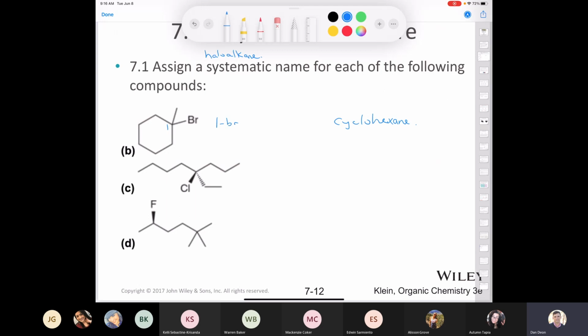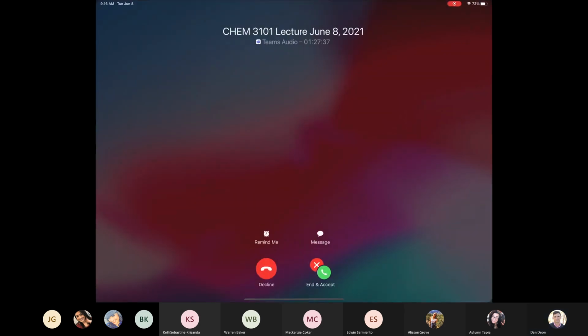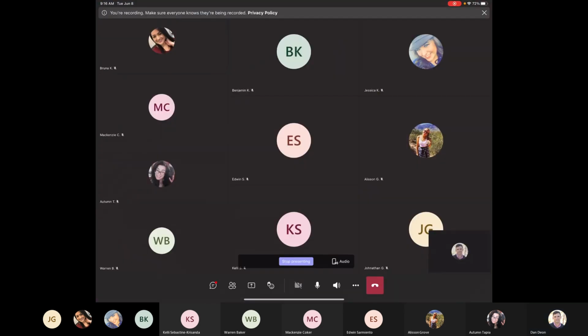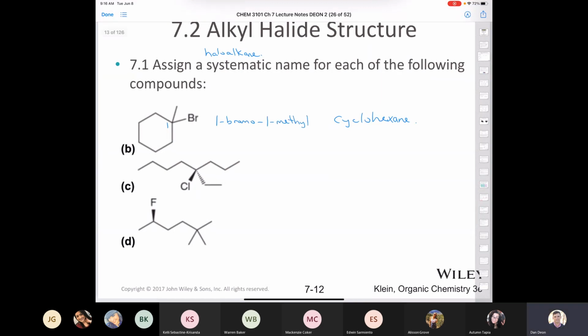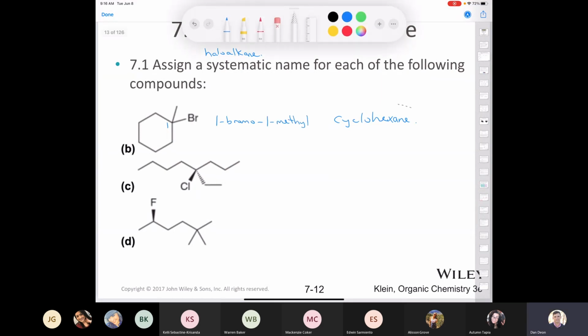So we have 1 bromo, 1, sorry, you guys still see my screen? Yep. 1 bromo, 1 methyl cyclohexane. I'll have to bring that over here. There we go. 1 bromo, 1 methyl cyclohexane.